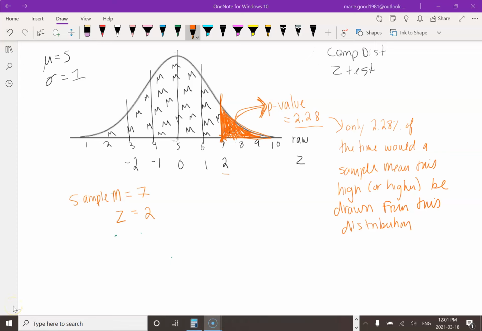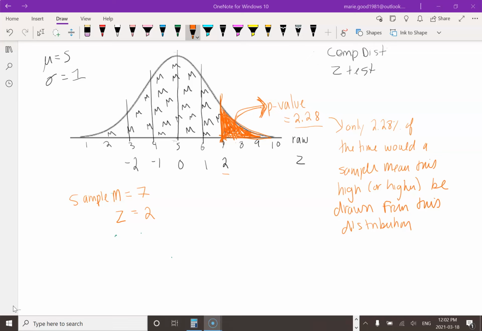Because the comparison distribution represents the null situation, another way you could think about the p-value is that in a null situation, you would only expect to get a sample mean this high or higher 2.28% of the time, okay?